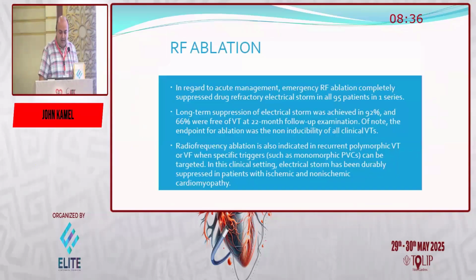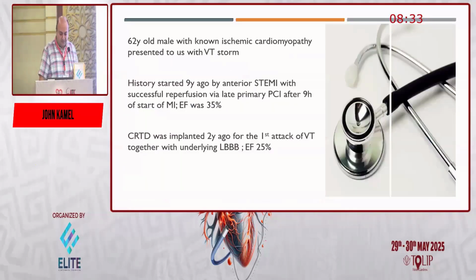an interesting case about a patient with non-ischemic cardiomyopathy, 62. His history started 9 years ago with an anterior STEMI, successful perfusion, and the last ejection fraction was 35.